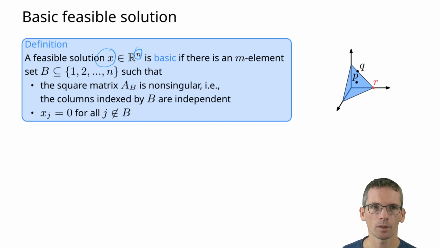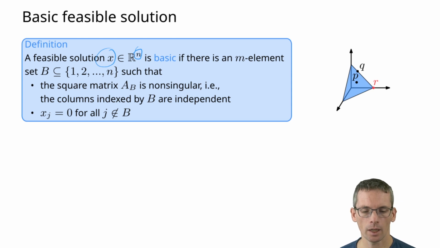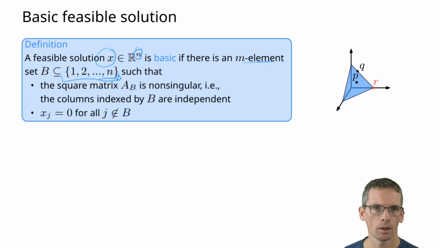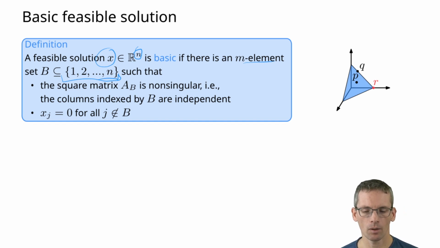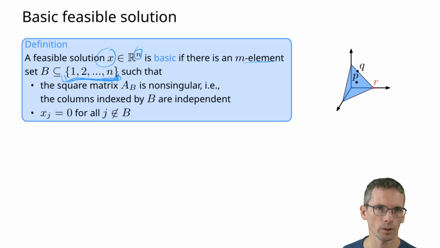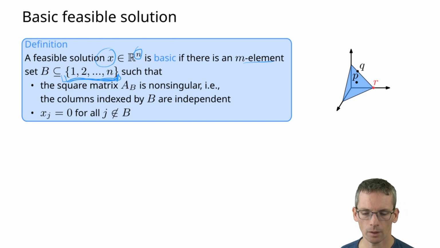And a solution is basic if there is an m-element subset B of 1 to n such that the square matrix AB, which we obtain by taking the columns of A corresponding to B, is non-singular, or stated differently, full rank, or stated differently, the columns or rows are independent. So that's also what I'm saying here: the columns indexed by B are independent.